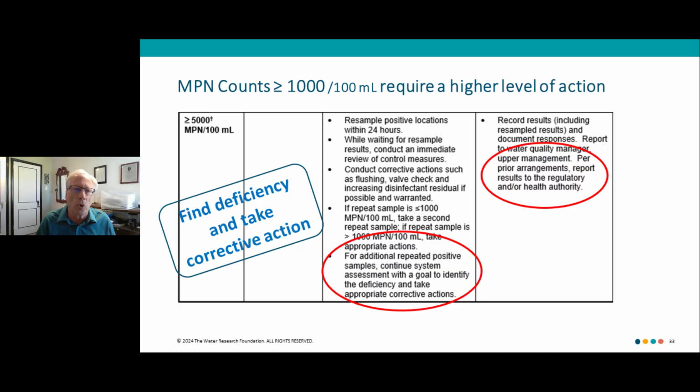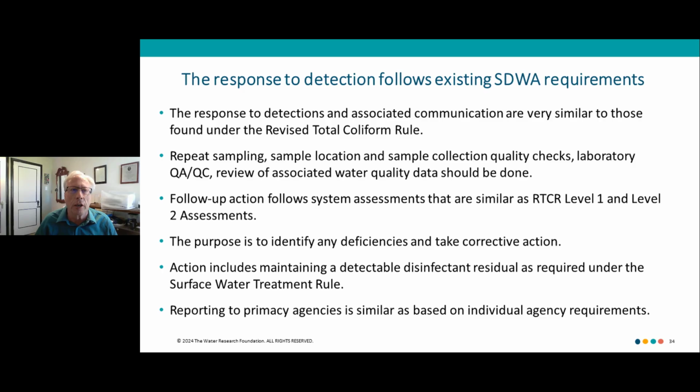You're looking for a deficiency, and a deficiency where you can apply corrective action and see if that takes care of it. At the same time, you're communicating with your primacy agency and up the chain of command to make sure everybody's familiar with what you're detecting and how you're responding. Again, a lot very similar to what you would do for total coliform and E. coli.